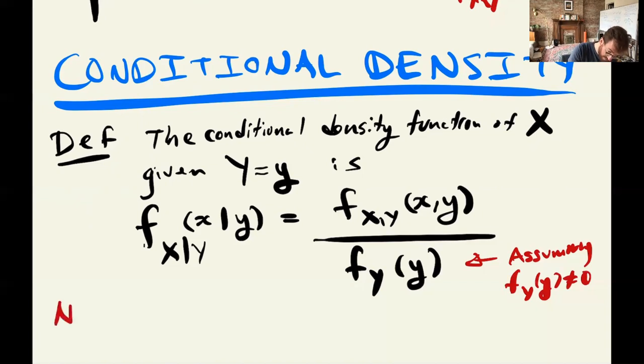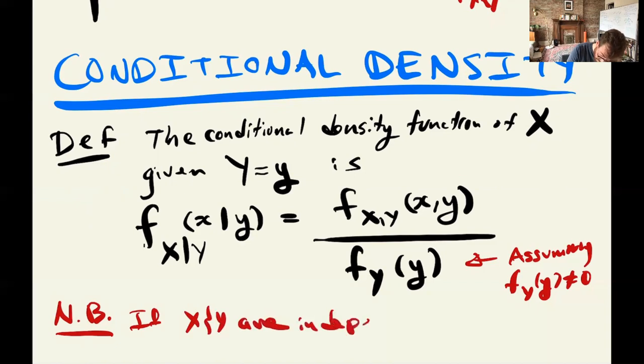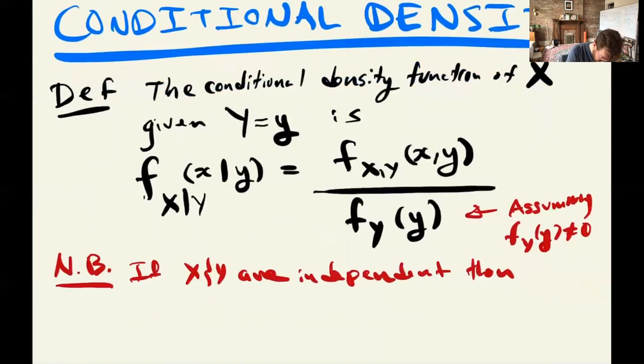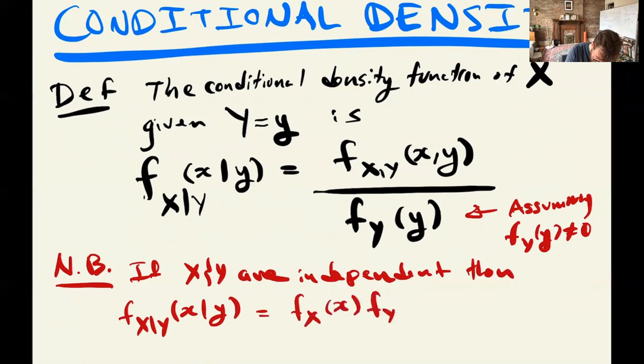So notice, if x and y are independent, then we know that f of x conditioned on y, little x conditioned on little y, is going to be equal to f of x of little x times f of y of little y, divided by f of y of little y.